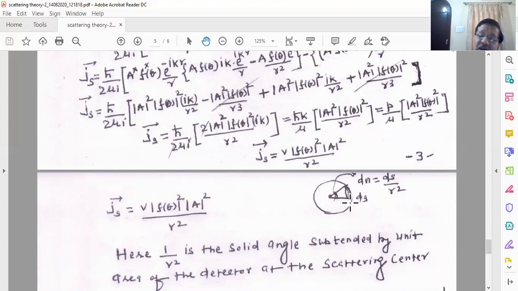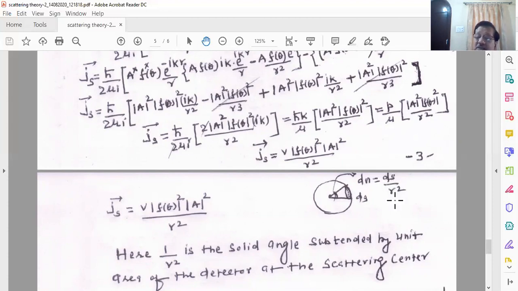This distance r is very large, and this area I mention as dS, the area of the detector. If the area is 1 unit, that is, dS over r square with dS equal to 1, then d omega will be 1 upon r square.